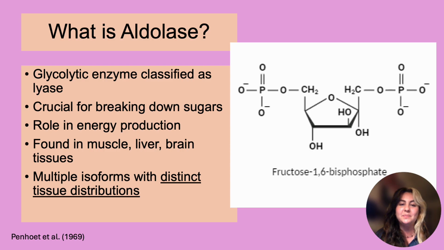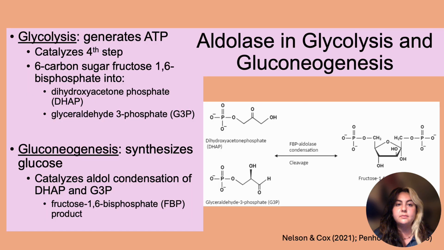So understanding these different isoforms is going to lead to some insight on the importance of tissue specialization, differentiation, and why it's important to metabolically regulate for efficient energy production and use of food sources and sugars, things like that.